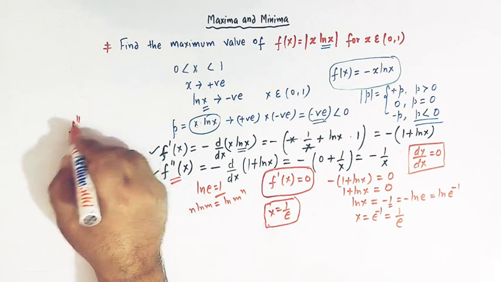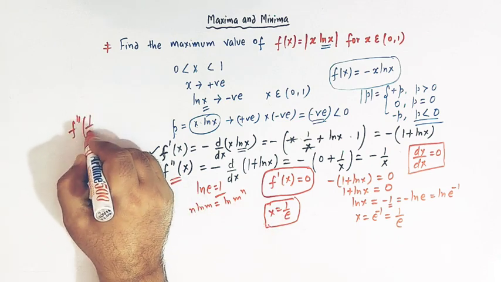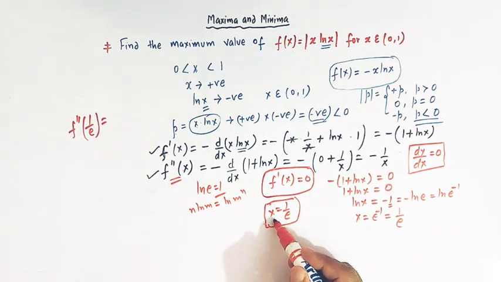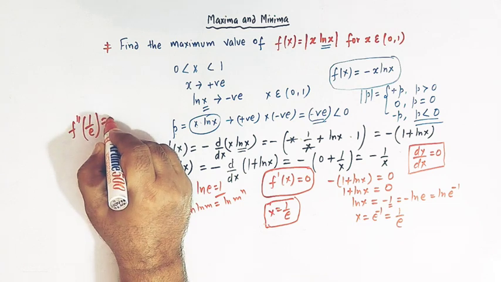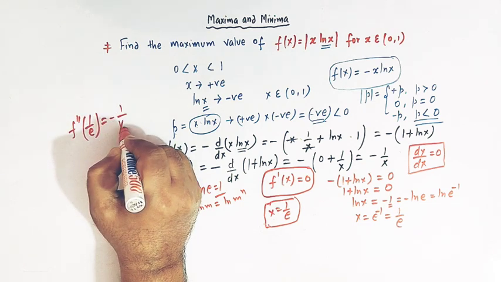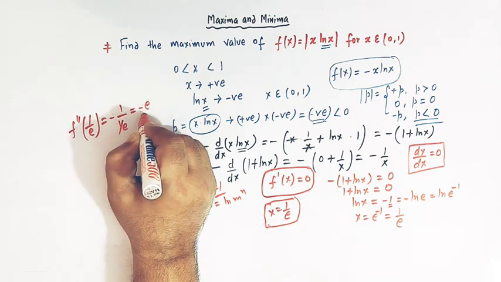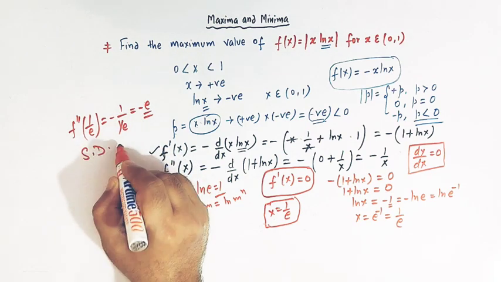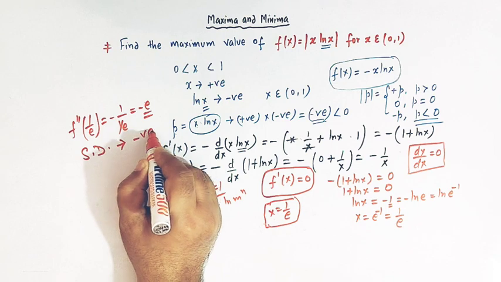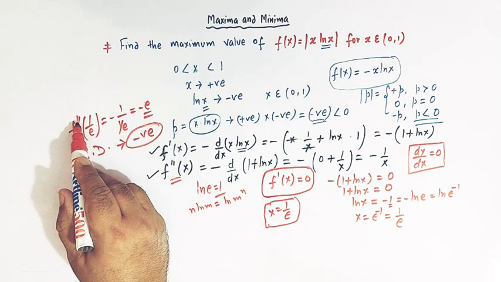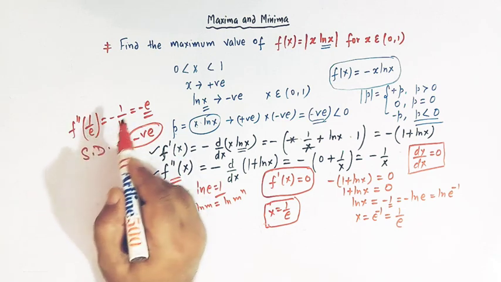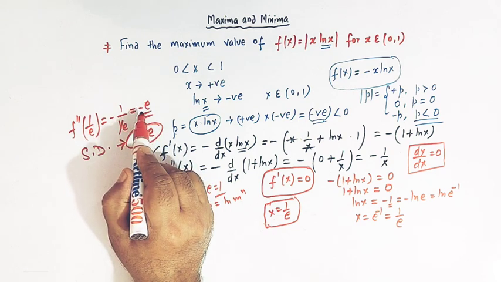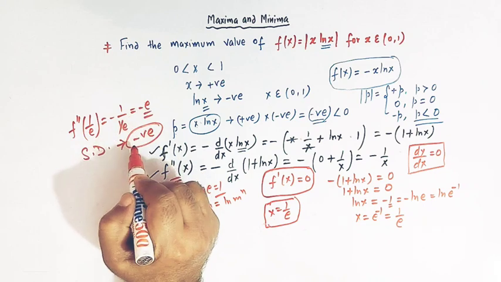So f double prime of 1 over e is minus 1 over 1 by e, that is minus e. We see that the second derivative is negative, so f double prime of 1 over e is equal to negative of e, and e is a positive quantity, so minus e is negative.